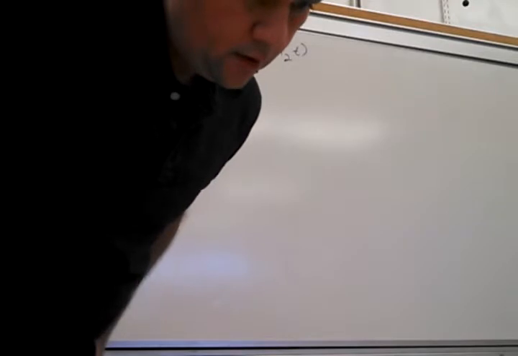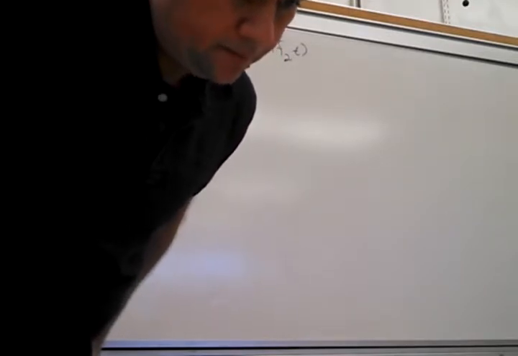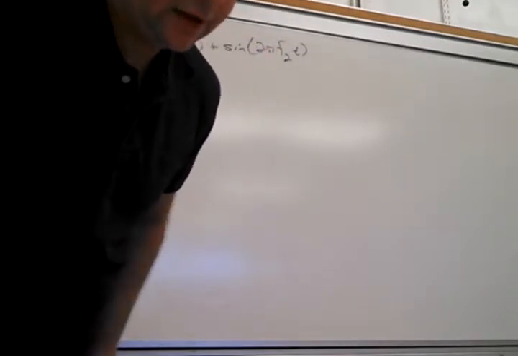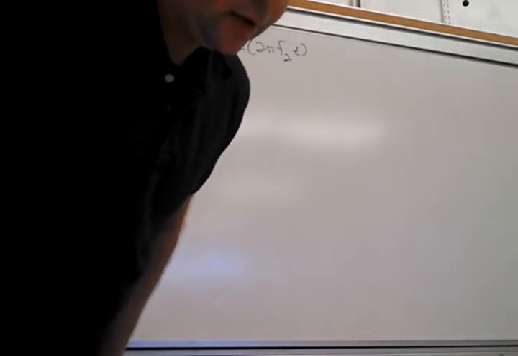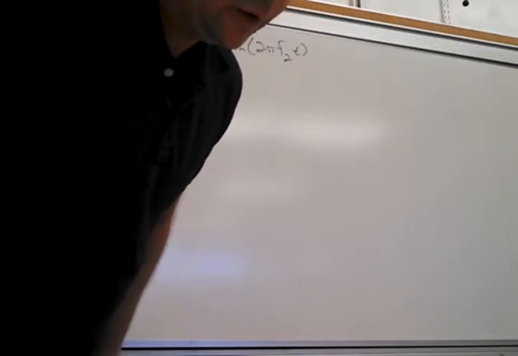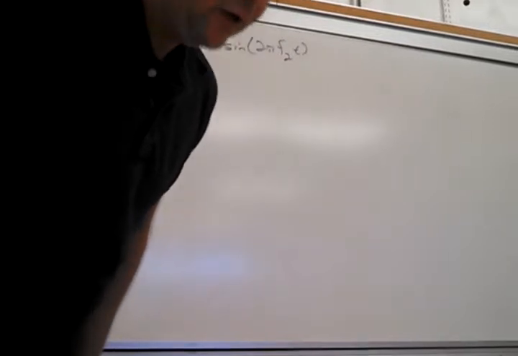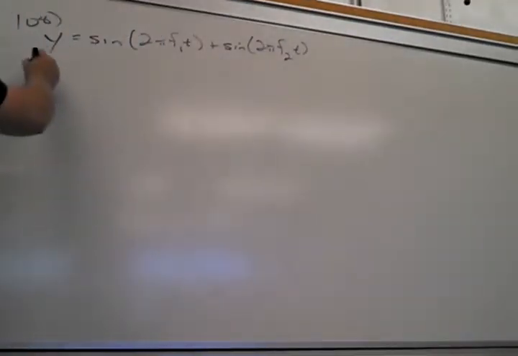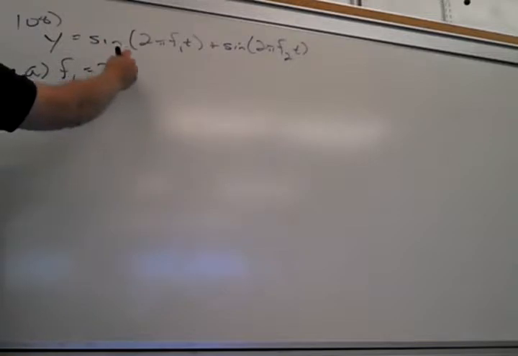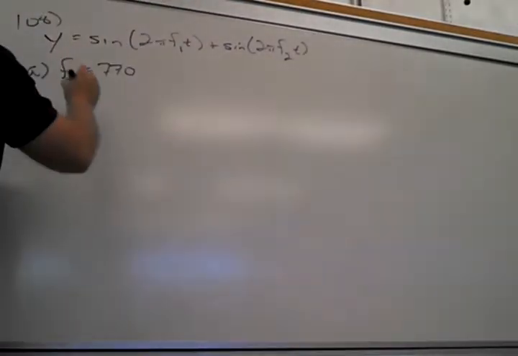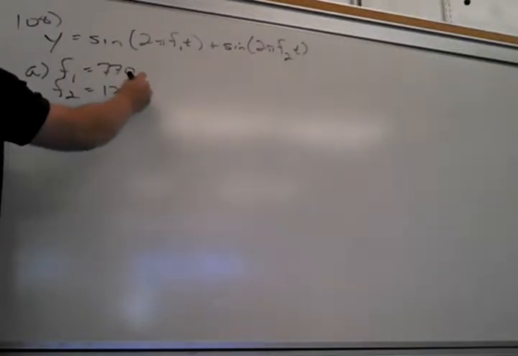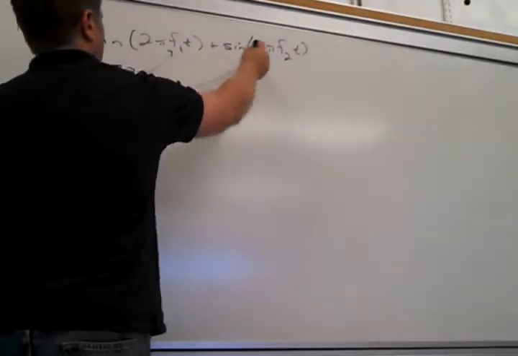So part A just says find the function that models the sound produced when the 4 key is pressed. So the 4 key is related to, what's F1 for the 4 key? 770. And F2 is? 1209. So part A is easy. Just plop those in there.